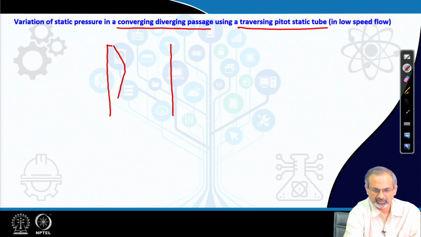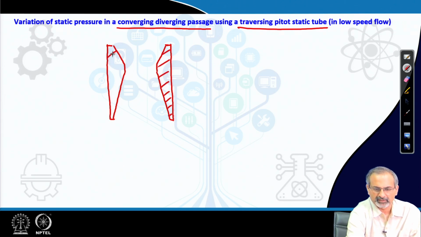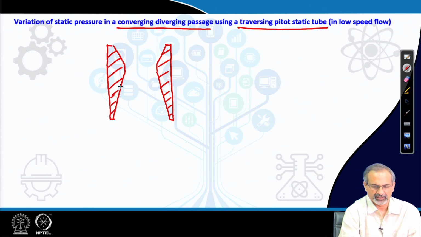Let us say the liner looks like this. You are going to have them symmetrically disposed on the two walls of the tunnel, and of course, we are talking about a low speed wind tunnel. This should not be confused with the converging-diverging passages that we talk about in supersonic wind tunnels.